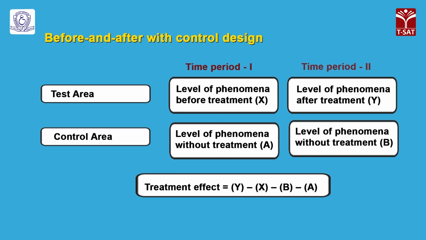Control area: level of phenomena without treatment is A in period 1 and B in period 2. The treatment effect is (y minus x) minus (B minus A). This design is superior to the above-mentioned two designs. This design may not be useful when historical data, time, and a comparable control area are not available.